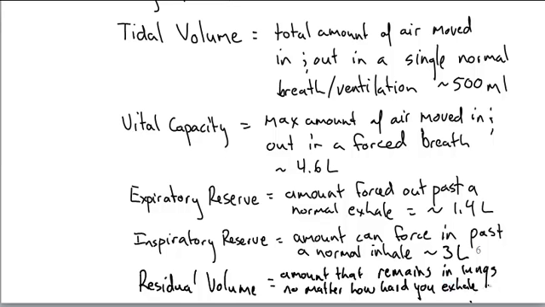And this is approximately 1.2 liters. So there's always air in your lungs, no matter how hard you breathe out, and this keeps your lungs from collapsing. Okay? So that's it for the mechanisms of how we breathe.